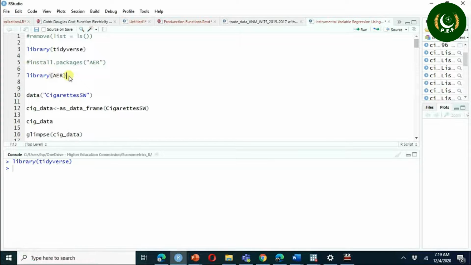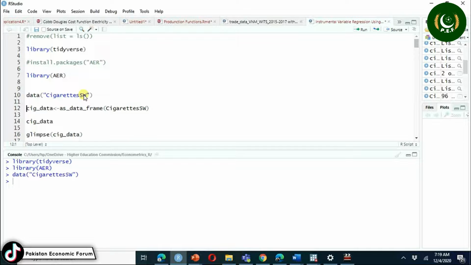Now I am going to run library(AER) and load the data CigarettesSW, Stock and Watson, as we have discussed this data in our 3 videos on instrumental variable, exogeneity of instrumental variable, relevance of instrumental variable, and weak instrumental variables. Now we are going to do it empirically. So you have this data, attached here.